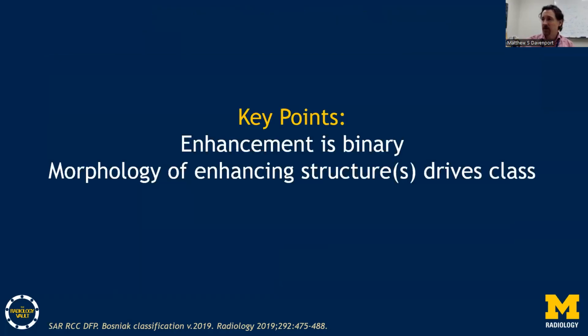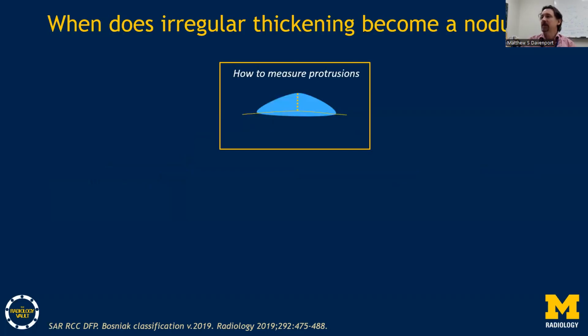Enhancement in Bosniak version 2019 is binary, and it's the morphology of those enhancing features that drives the class assignment. It's no longer does it enhance or not, it's what is the morphology of those enhancing features. So this is sort of a graphic that shows how to measure whether something's an irregular thickening or whether it's a nodule. We're going to measure perpendicular to the wall or septum like that.